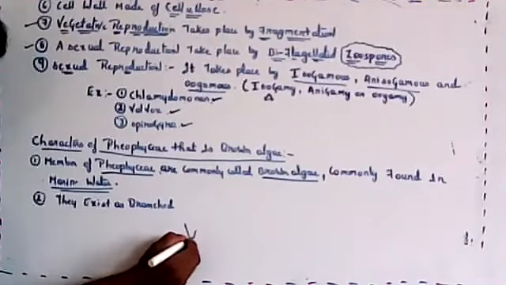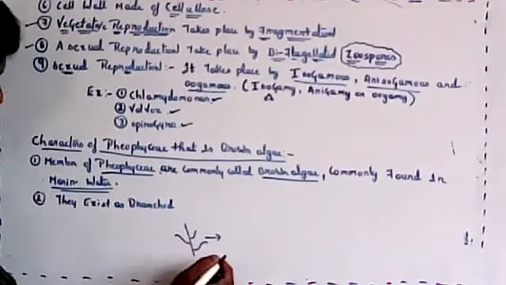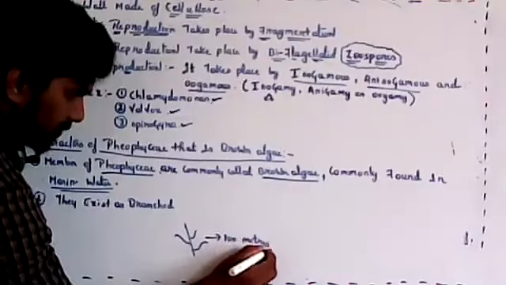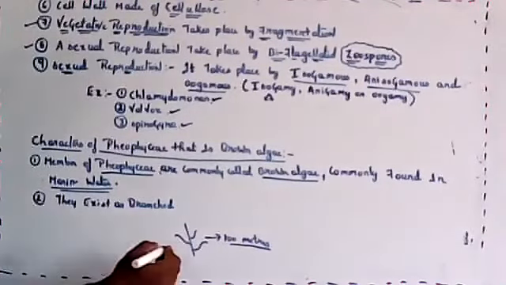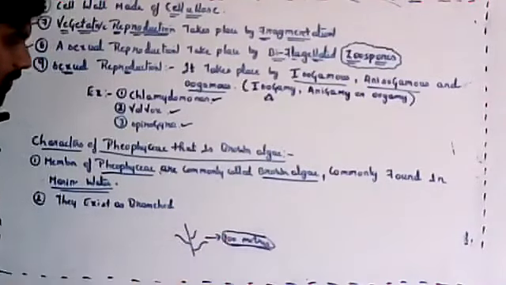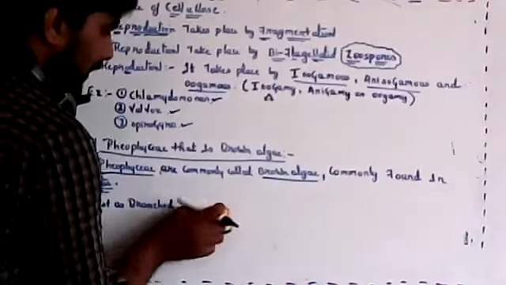So common plant branching occurs, and they may reach up to 100 meters. They are found in marine water, that is in deep ocean, and they may grow up to 100 meters.